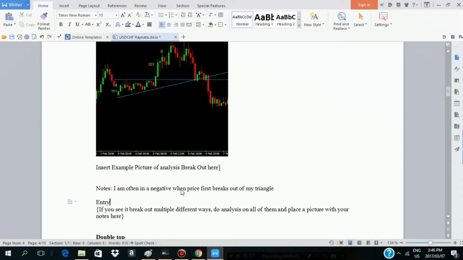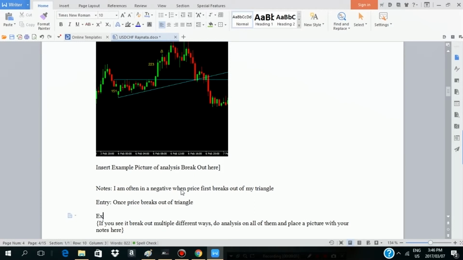Entry. Once price breaks out of the triangle, exit with profit.